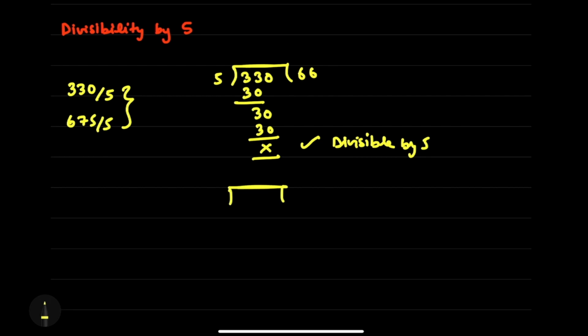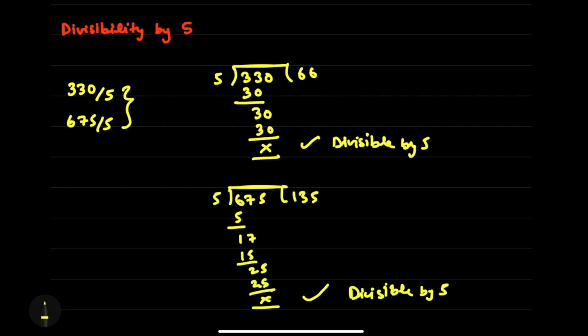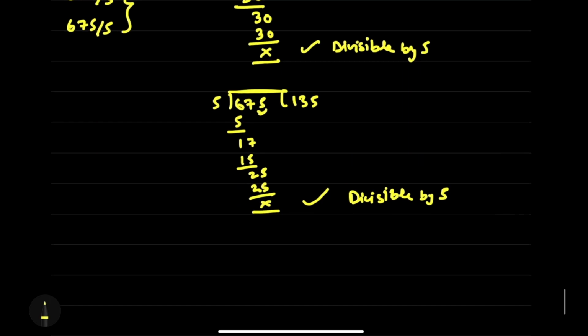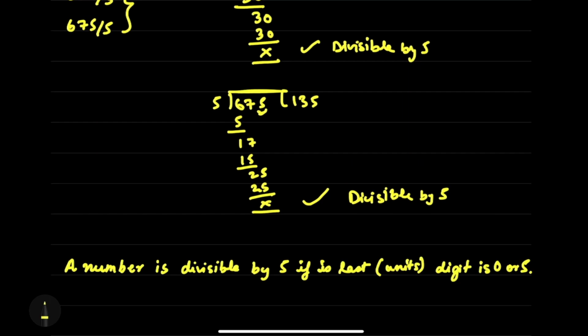Let's look at 675. This is again divisible by 5. Through these examples, we know that any number that has 0 or 5 in its units digit would be divisible by 5. This gives us a very clear generalization: a number is divisible by 5 if its last or units digit is 0 or 5.